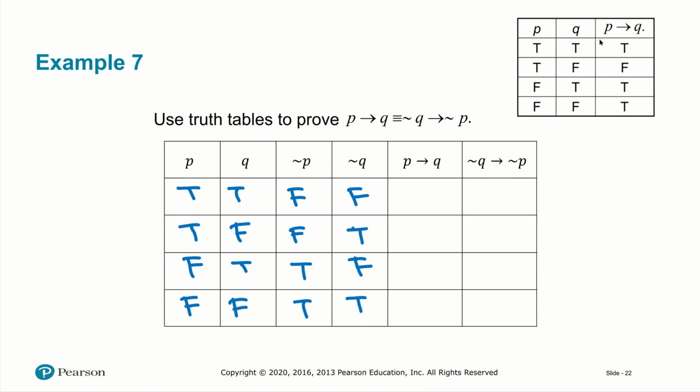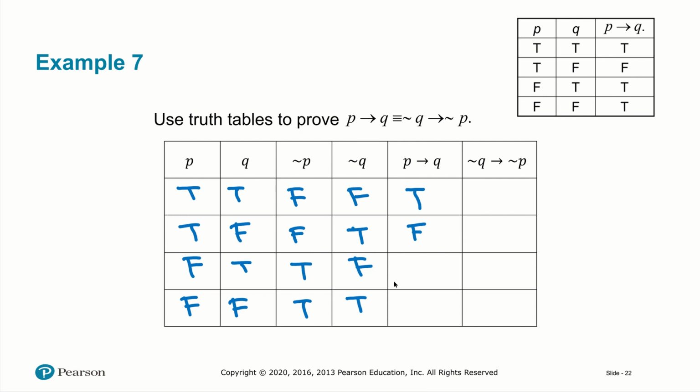So remember, an implication is only false if the hypothesis is true and the conclusion is false. That's the only time an implication becomes false. So true implies true. We know that is true. True implies false. We know that is false. It's the only time an implication is false.